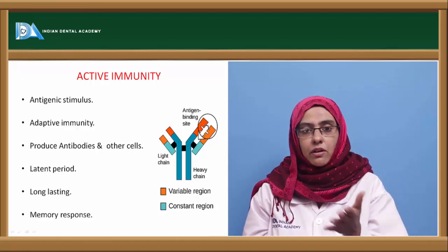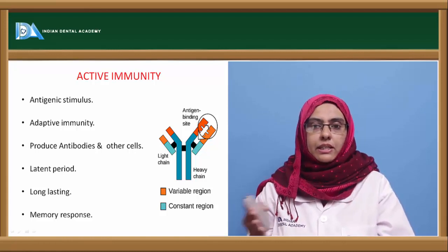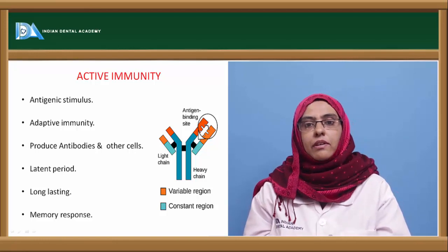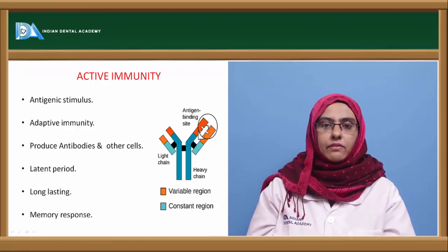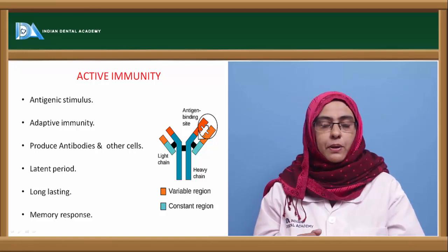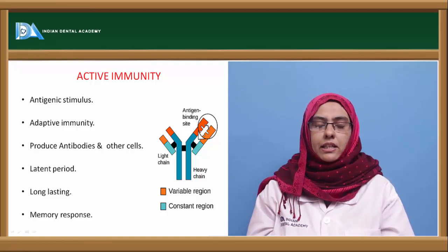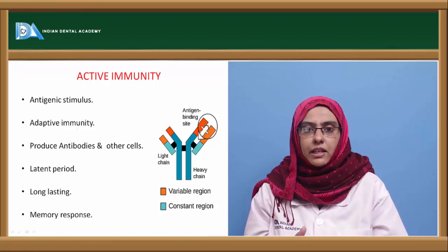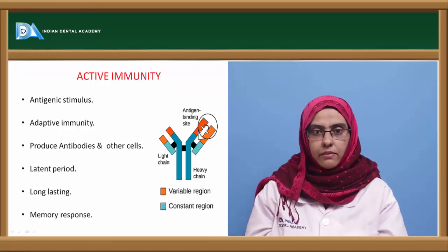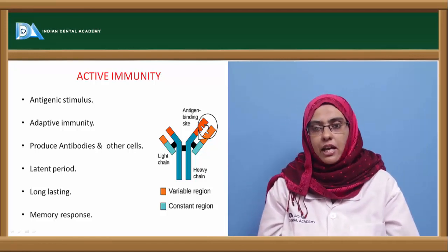Whereas in case of acquired immunity, it is usually produced only when there is an antigenic stimulus, and it takes some time for the immune system to develop to go and interact with that particular antigen. Now there is a negative phase, as I told you. It's because the cells which are already present in our body will interact with the antigen that has come. So there is a negative phase in that. Whatever the cells are there, they have been used up. So it takes some time for the new cells to be formed to go and interact with that particular antigen.